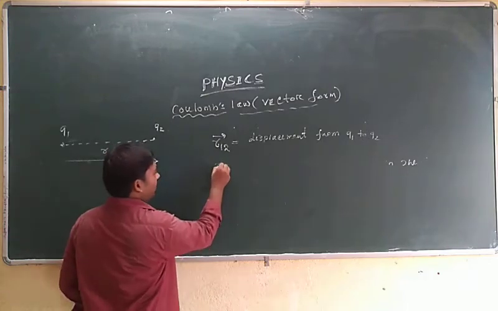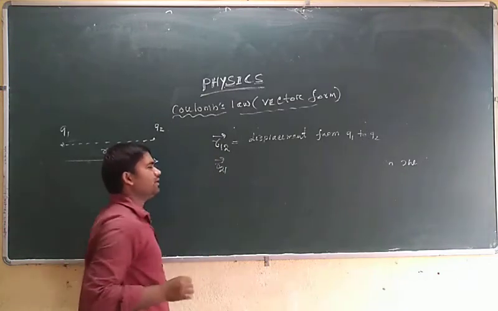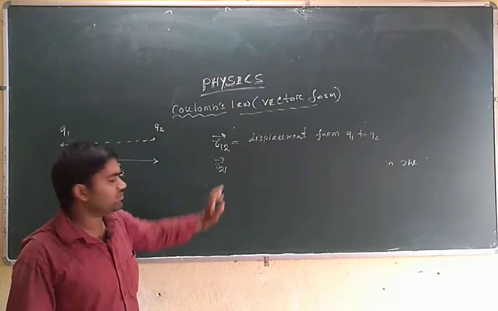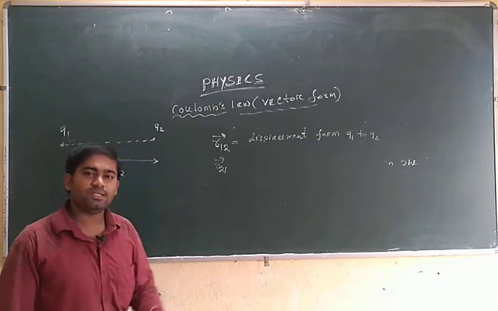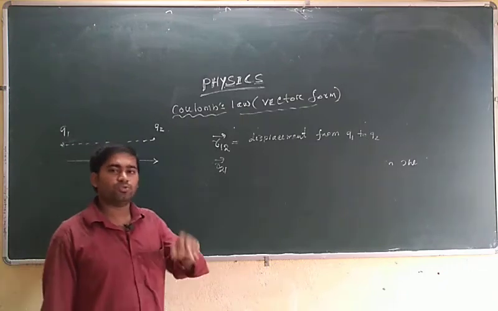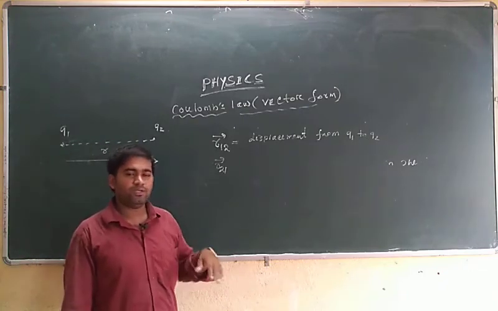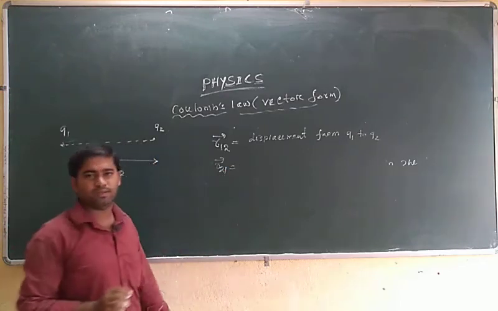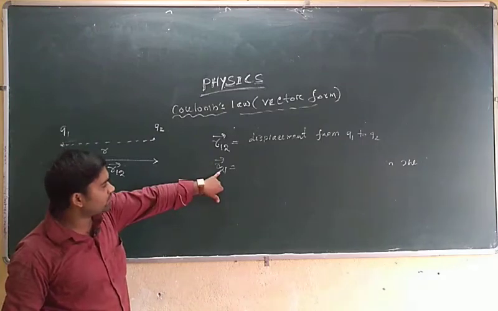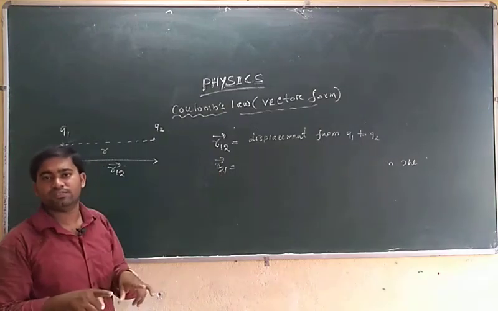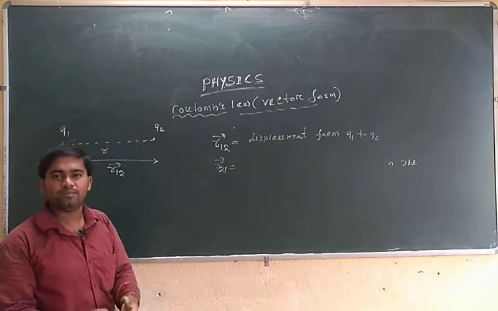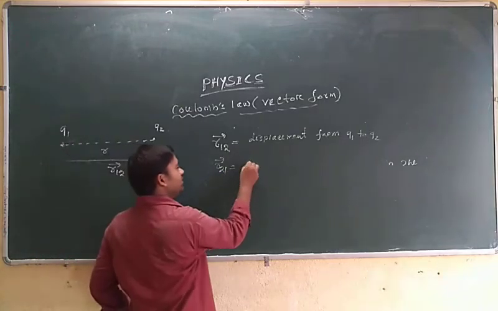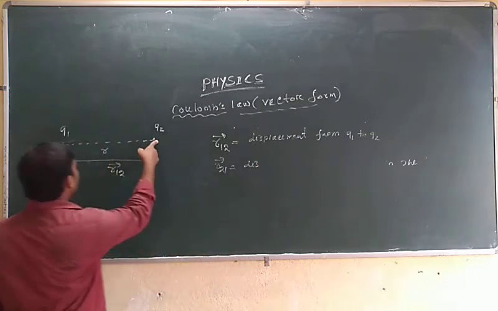Second thing, R21 vector. R21 vector means the first index is 2, the second index is 1, and when the first index is 2, we have to start the motion from that charge. In case of R21 vector, we start the displacement from the second charge. So the first index is the starting point and the second index is the ending point. That means there is a motion from 2 to 1.